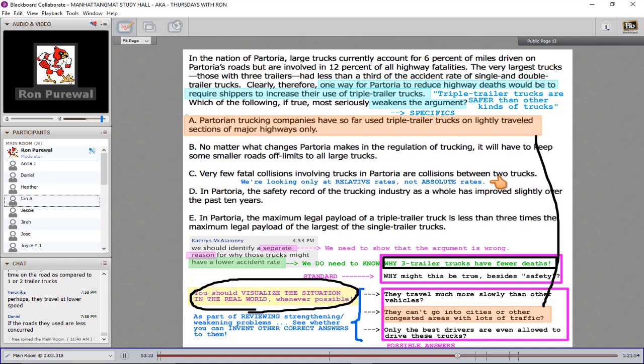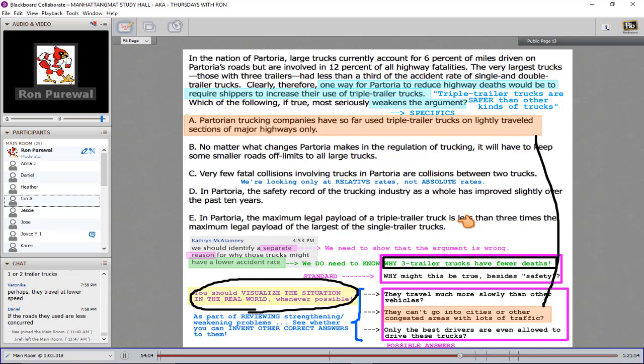Make sure that you can eliminate things like C right away too, because you should immediately know that you don't care about C, because this is not an argument about absolute rates of anything. This is only an argument about why one type of truck has fewer fatalities than other types of trucks. This is not at all an argument about absolute rates of fatality. D, nobody picked it, clearly not relevant.